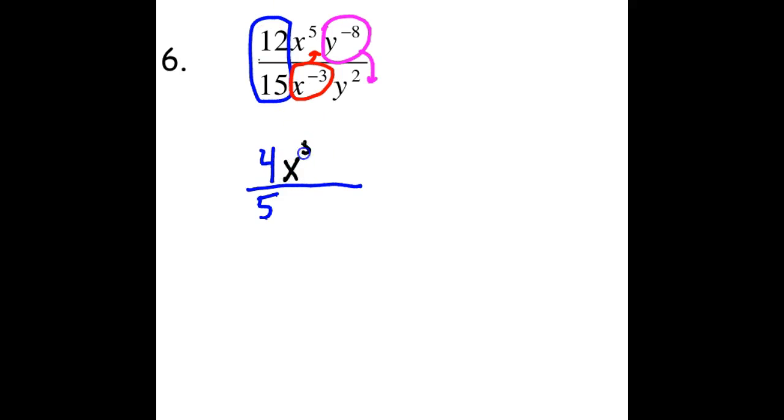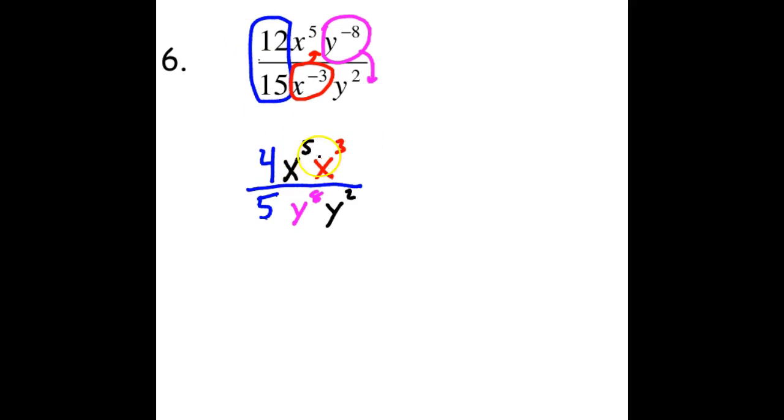So the x to the 5th is going to stay there, and the bottom, the y to the 2nd, is going to stay there. But I'm going to move that x to the negative 3rd, that's going to move to the top, be x to the positive 3. And then the y to the negative 8 is going to move to the bottom, be y to the positive 8.